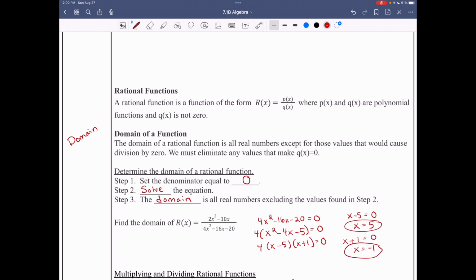So the answer is the domain is all real numbers. I'm going to show it like this, with a special kind of R. All real numbers. I drew that horribly. It's an R like that. All real numbers.